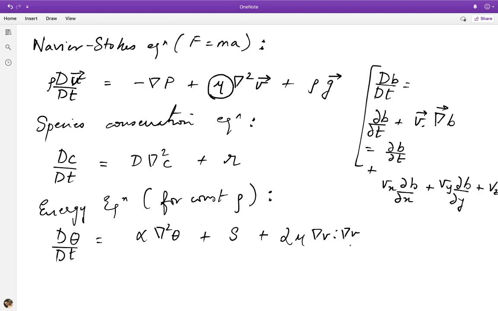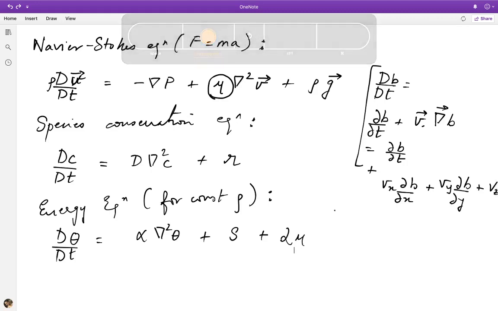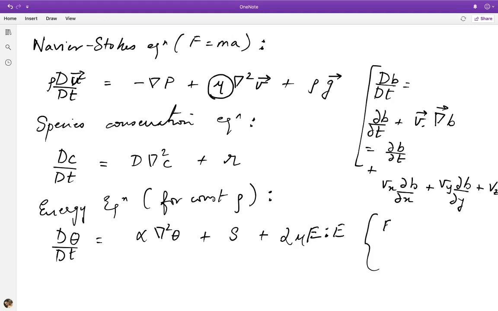So we will come back to this in more detail later on. Actually, I think it's better if I just write it in this form, because we will encounter this again later. So this is the correct form where this E is the symmetric part of the velocity gradient tensor.